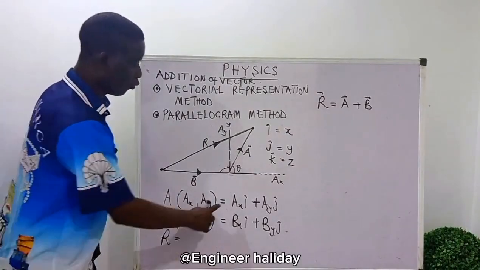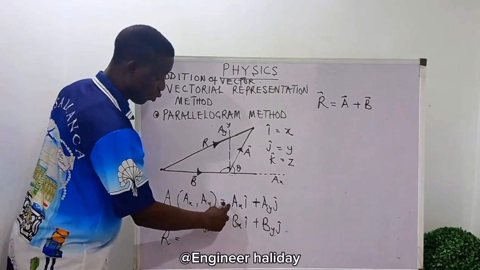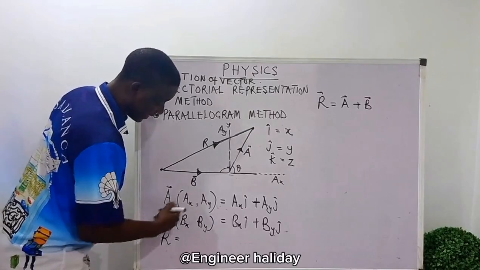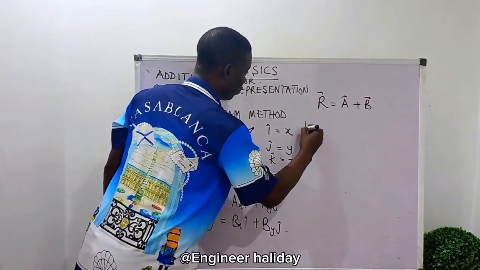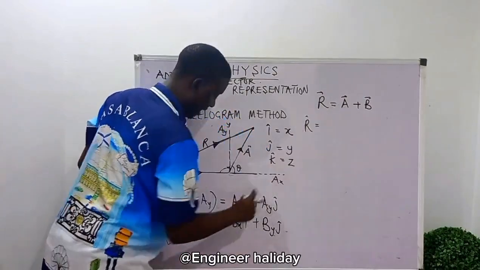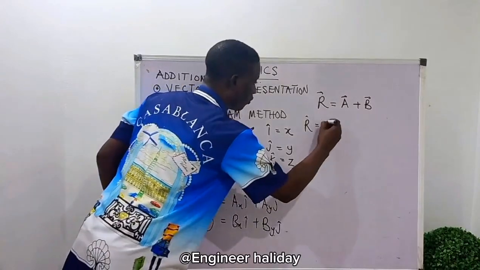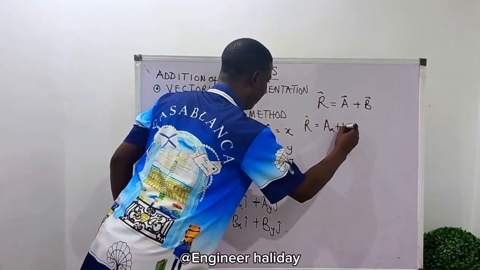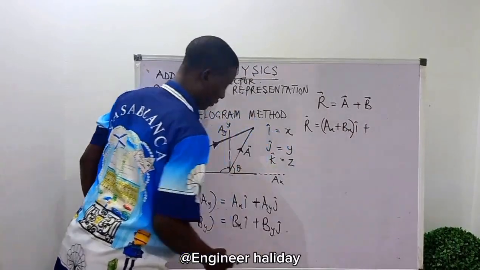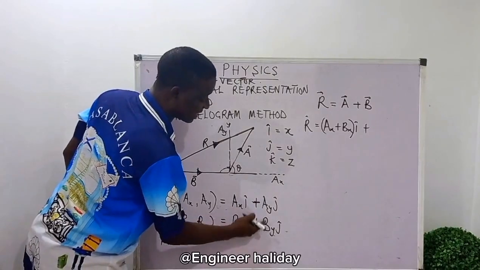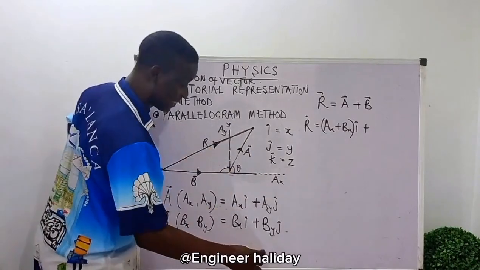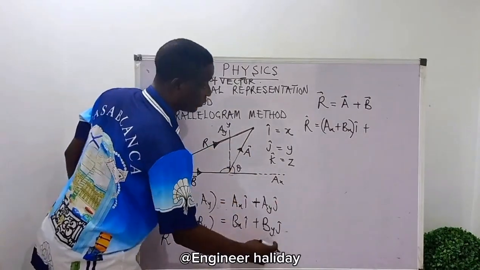Now if you want to write it, we have to add all these vectors together, vector A added to vector B. If you do that, you're going to have R equals Ax plus Bx, that is (Ax plus Bx) i, plus then the y-axis components added together. That means we add component x to component x, and component y to component y.